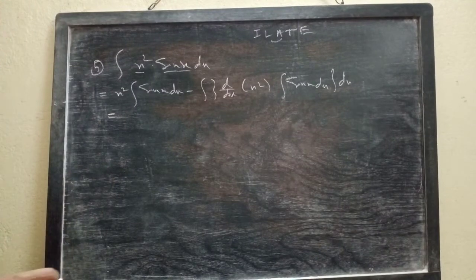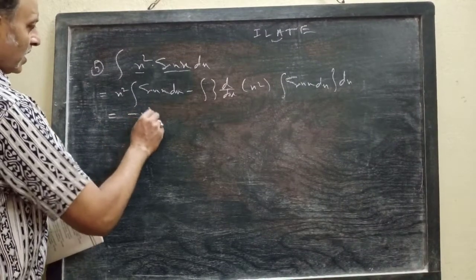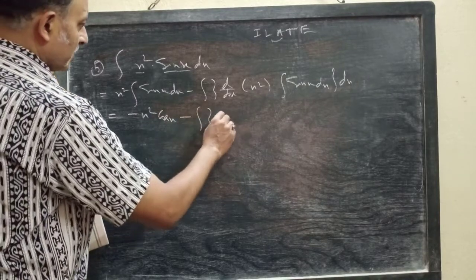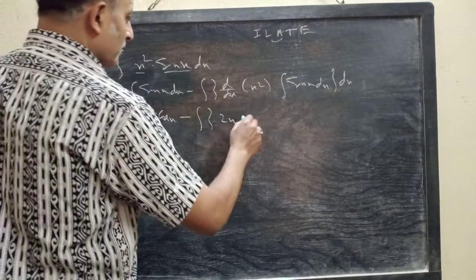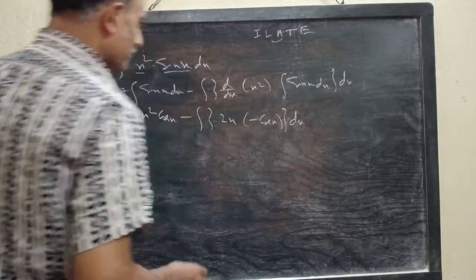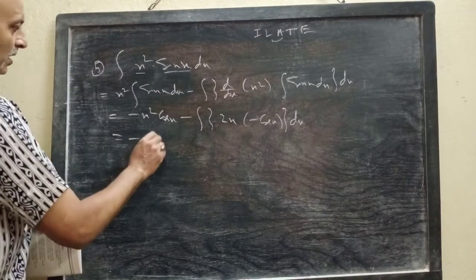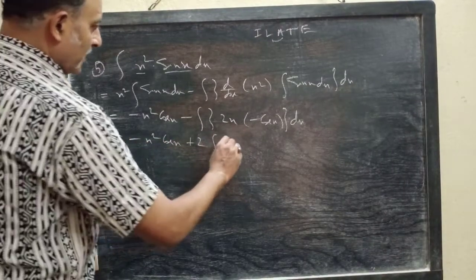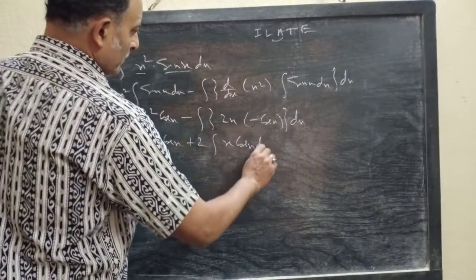Integral of sin x is minus cos x, so this will be minus x square cos x minus integration, derivative of x square is 2x, and this is minus cos x then dx. So this is minus x square cos x plus 2 integration x cos x dx.